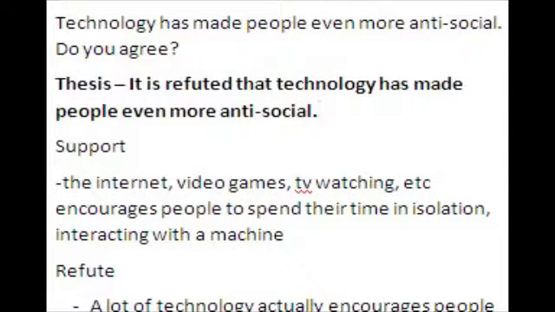I've actually pulled words out of the essay question and put them into our thesis. Technology has made people even more antisocial. Do you agree? And then in our thesis we wrote, it is refuted that technology has made people even more antisocial. So when the essay reader reads our essay, they can directly link it to our essay question. There is no confusion at all about what point of view we are taking.